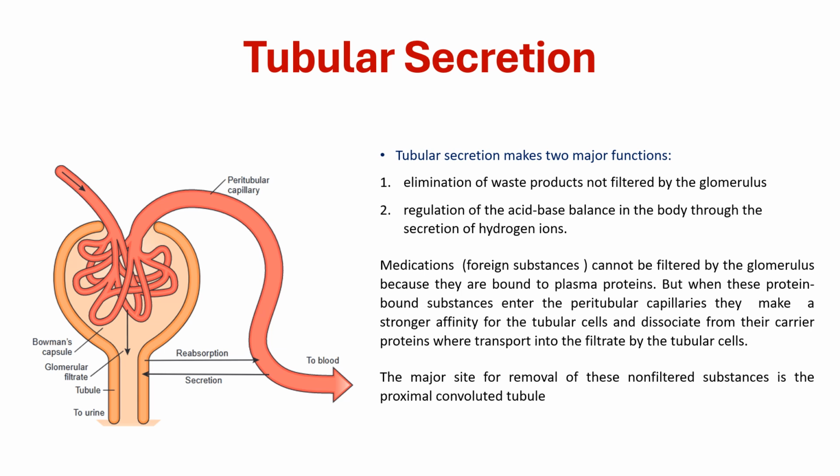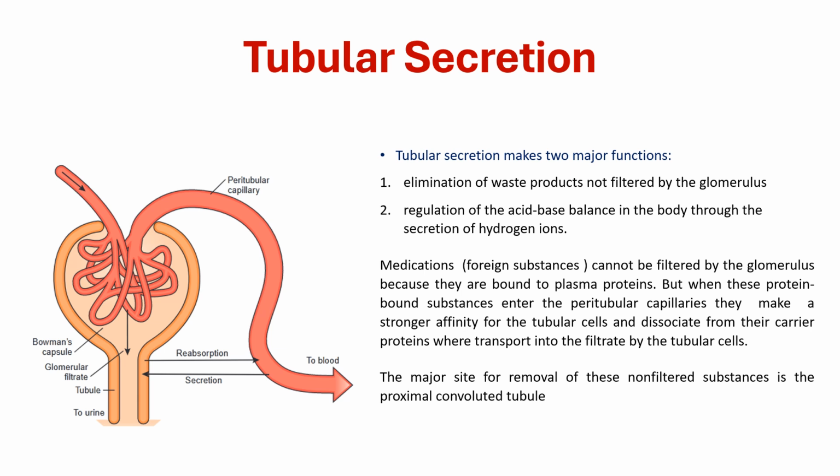Tubular secretion. Tubular secretion has two major functions: elimination of waste products not filtered by the glomerulus, and regulation of acid-base balance in the body through the secretion of hydrogen ion. Medications and other foreign substances are not filtered by the glomerulus because they are bound to plasma protein.